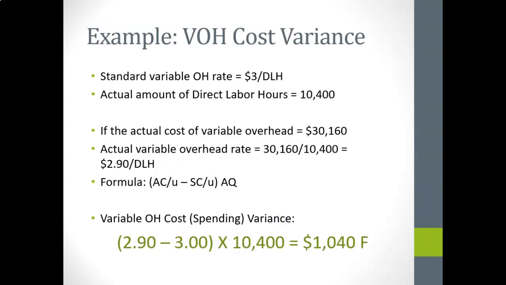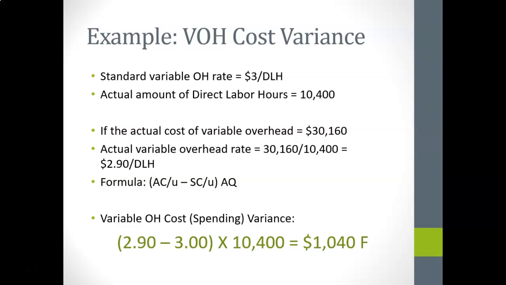So let's take a look at Cheerful Colors. The standard overhead rate we said was $3 per direct labor hour for variable overhead. And the actual amount of direct labor hours that we used was 10,400. And the actual cost that we actually spent for variable overhead is $30,160.